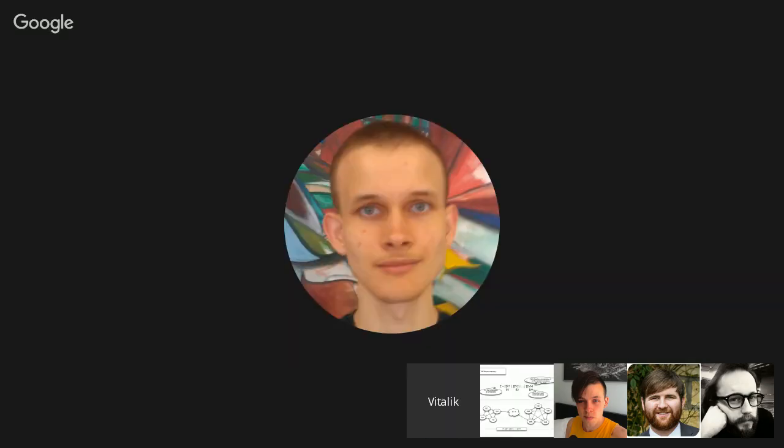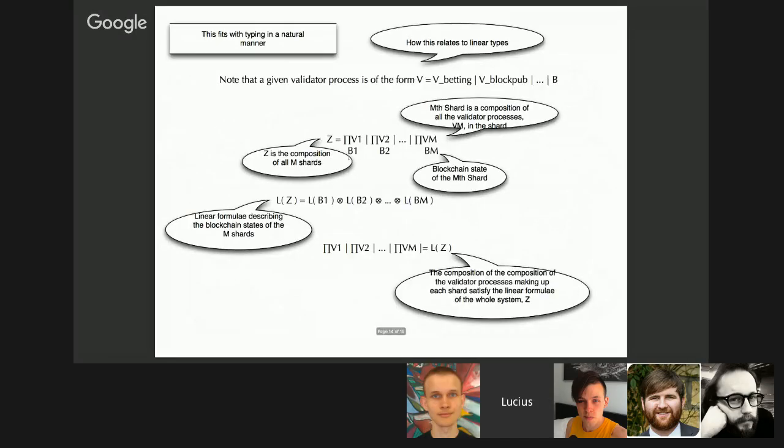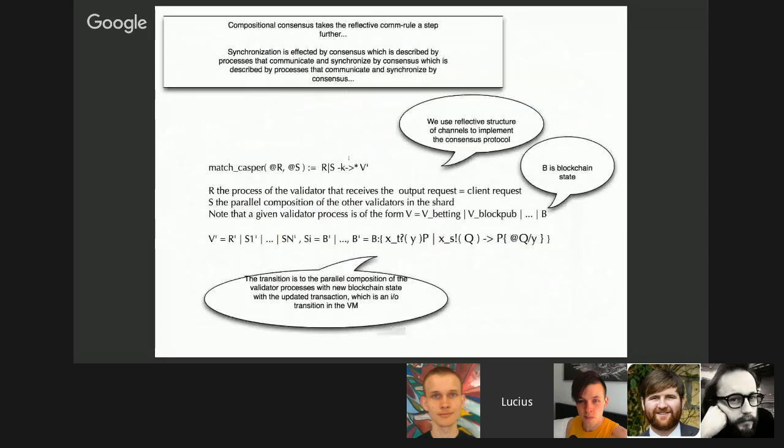Map onto our picture of sharding? Yes, it does. Does it map onto our picture of how types are going to constrain that execution? Yes, it does. Now, notice also that in Casper we make essential use of reflection, right? It is hard to imagine how to do this trick without reflection.